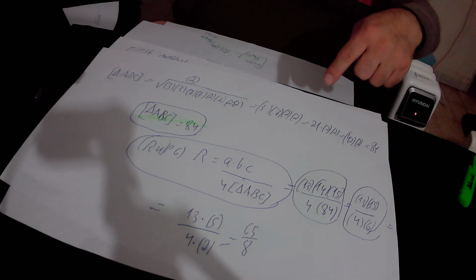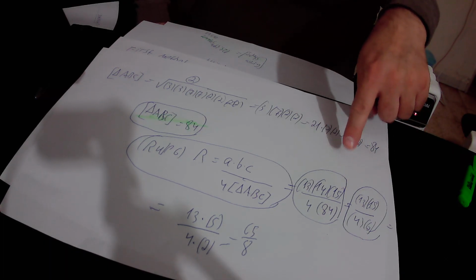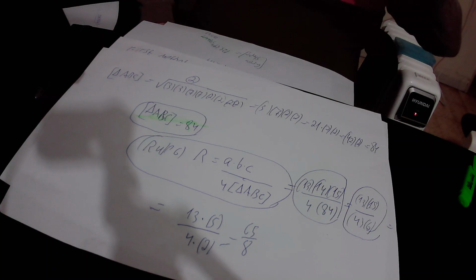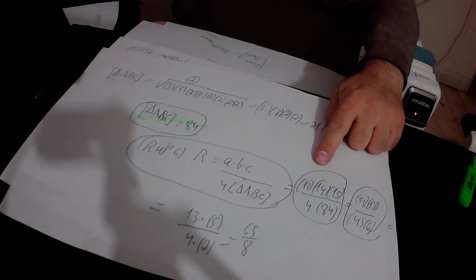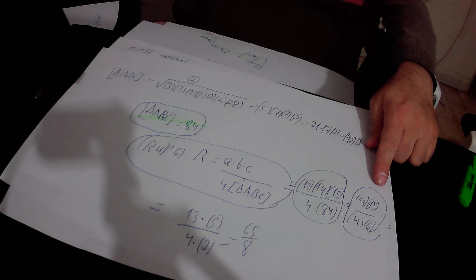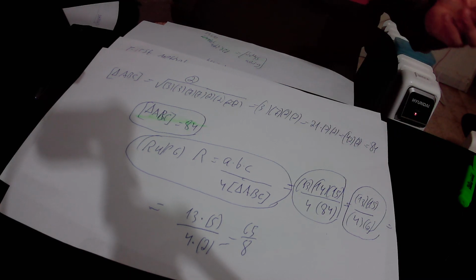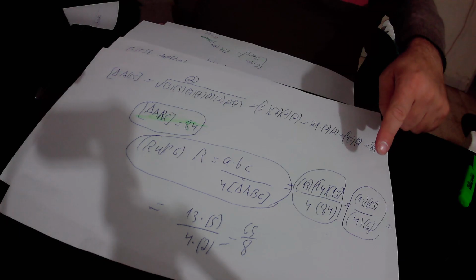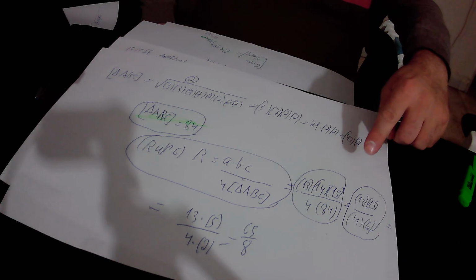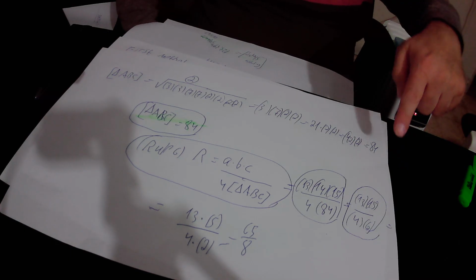Then we divided both the numerator and the denominator of this expression by 14. In the numerator we have 14, 14 over 14 is 1, so we are left only with 13 times 15. In the denominator we have 4 times 84, and 84 over 14 is 6, so in the denominator we are left only with 4 times 6. Then we divided both the numerator and the denominator by 3.